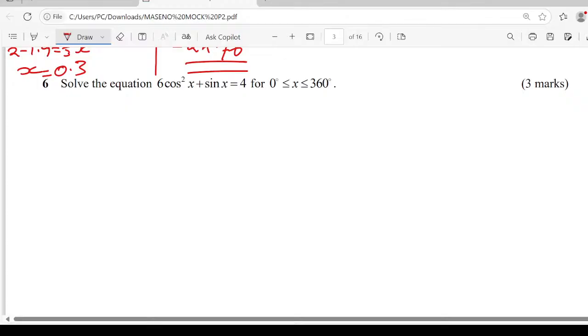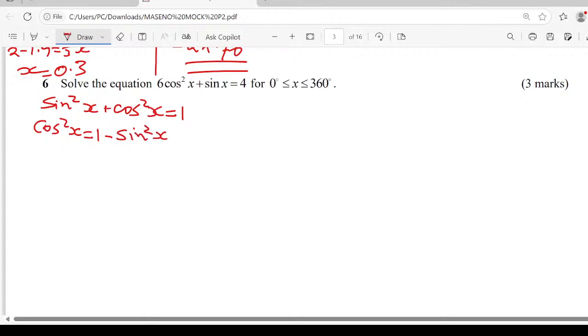Let's look at question number 6 of our discussion. Solve the equation 6 cos squared x plus sine x equals 4. We all know that under trigonometry in form 4, you talked about sine squared x plus cos squared x being equal to 1. You talked about that identity. So this simply means that cos squared x can be obtained by 1 minus sine squared x.